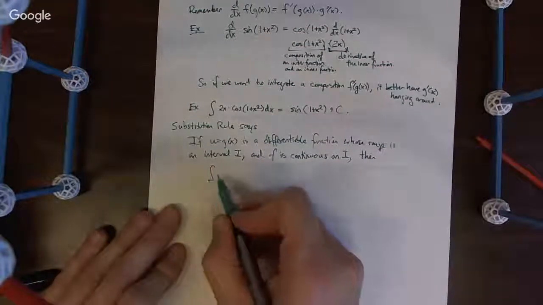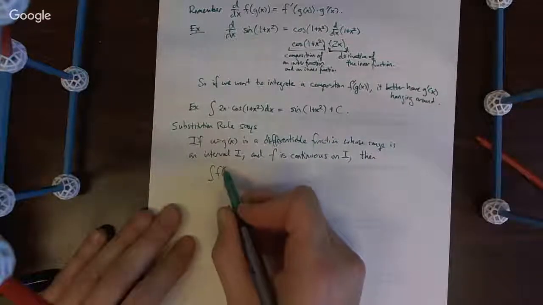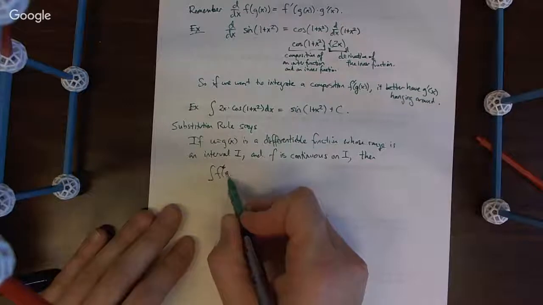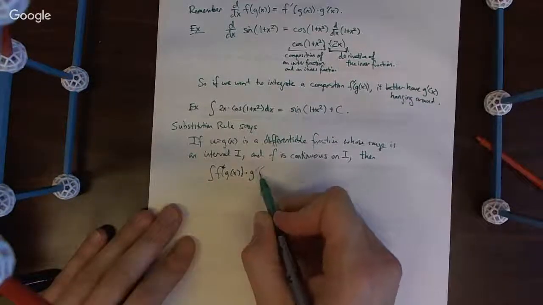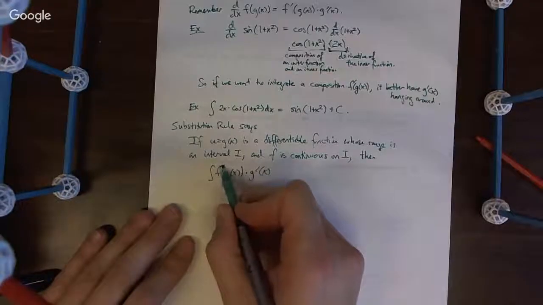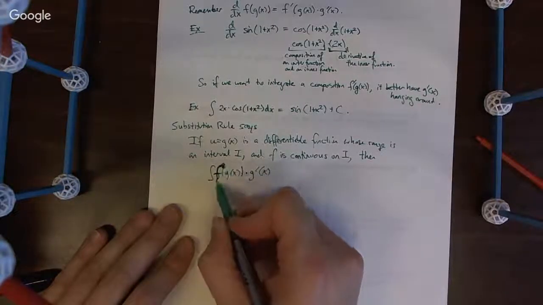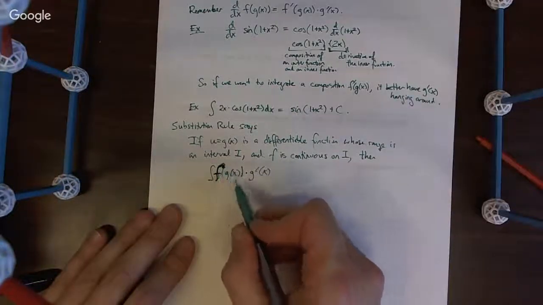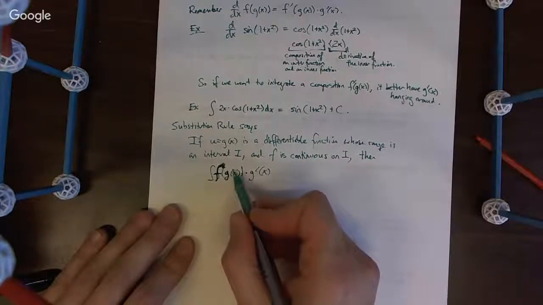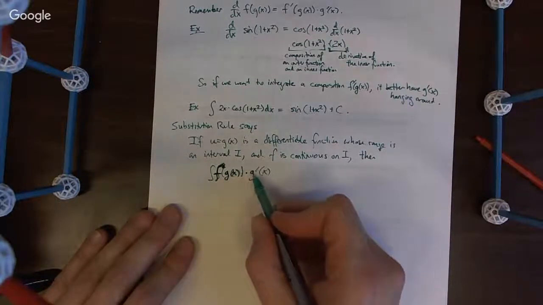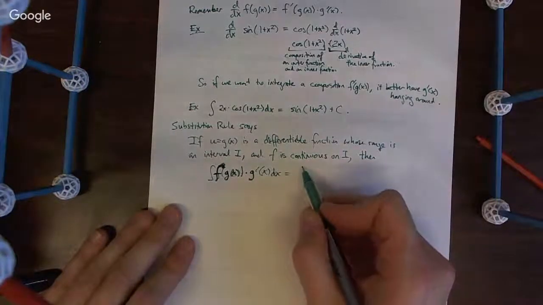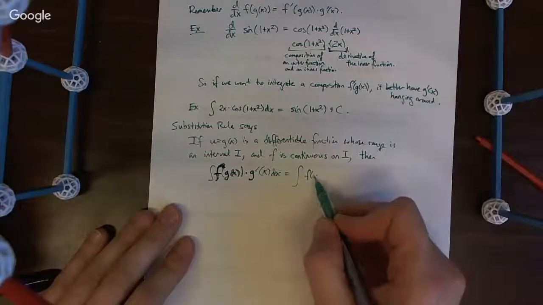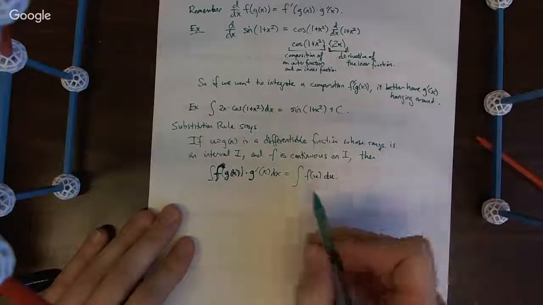Then if we want to take the integral of f of g of x times g primed of x dx, instead we can take the integral of f of u du.